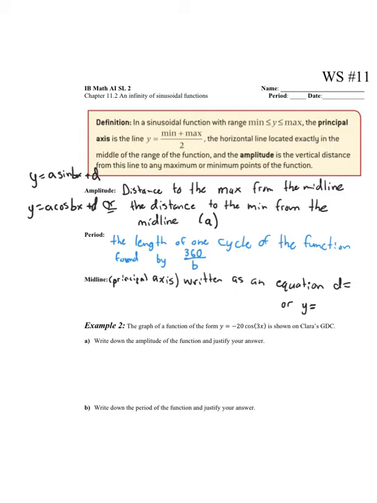And then d, whatever's being added at the end, is where the equation of the midline comes from, which is why I said you should use d equals. All right, so those are the three important things we want to remember.